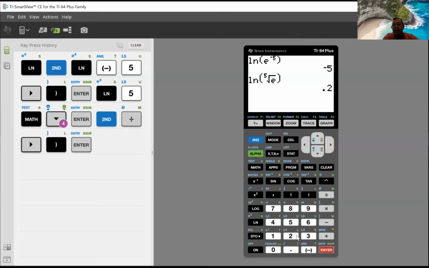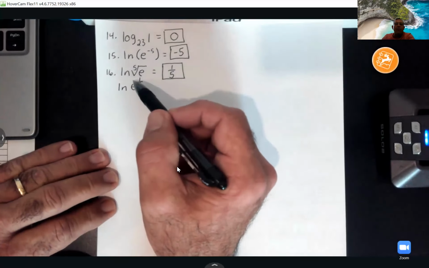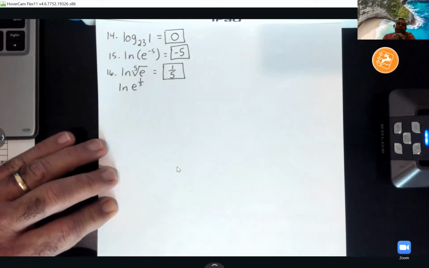I'm going to get a 0.2, but remember, turn 0.2 into a fraction, and you get 1/5. That's what's nice about that calculator. It can do all these problems. You just have to know sort of where to go to put them in, okay?